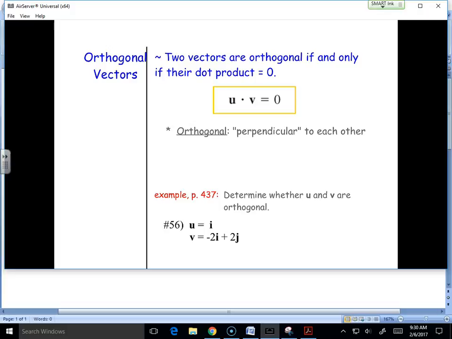Orthogonal is a snazzy physics term, and all it means is what? That's it. 2 vectors are going to meet at a right angle, wherever they are, wherever they're oriented, if their dot product is 0, which is a lot easier than figuring out whether or not the sides make a right triangle.